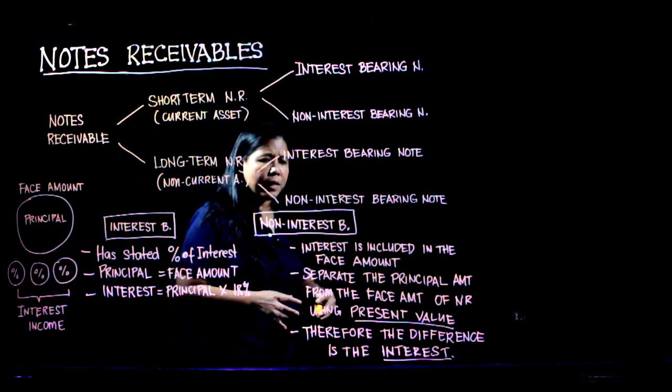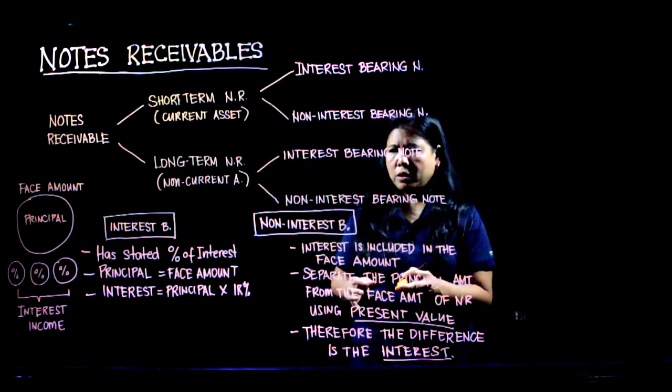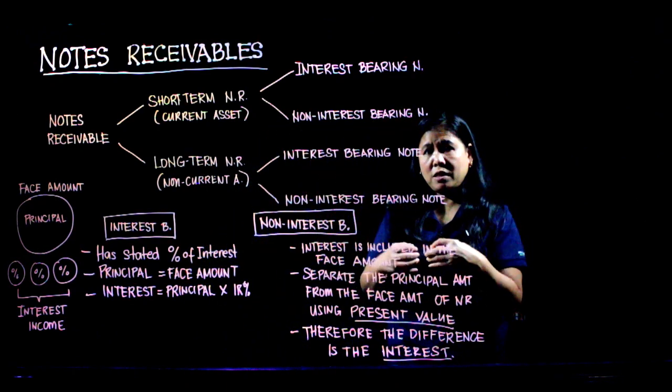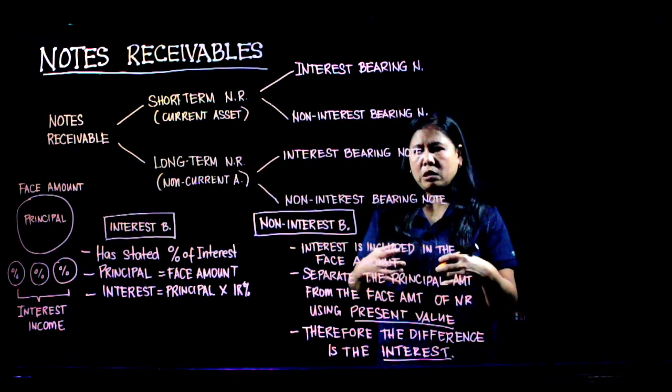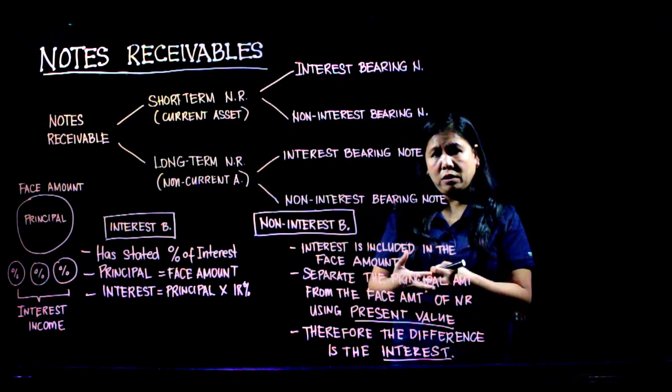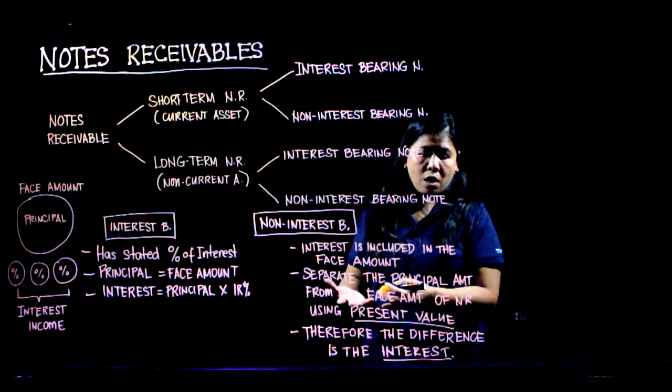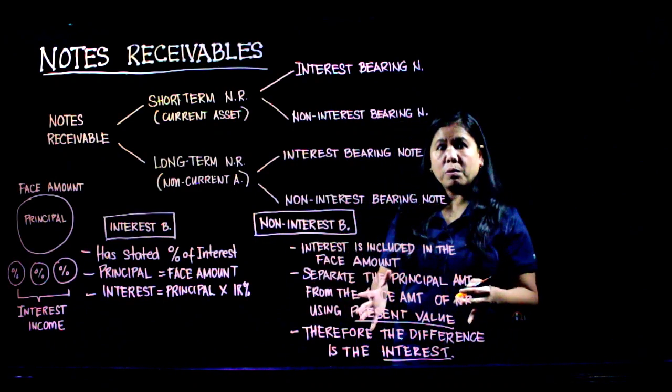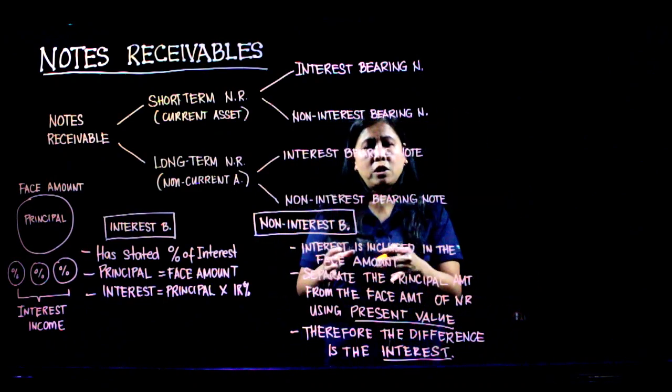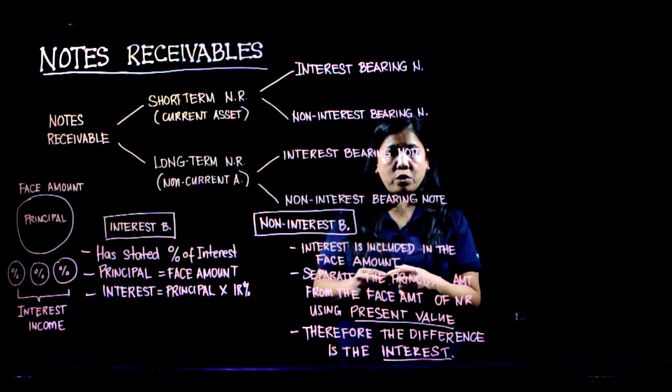Now, non-interest-bearing notes. The name itself says non-interest, meaning we don't receive an interest from the maker over the life of the notes receivable. The interest is included in the face amount of the promissory note.